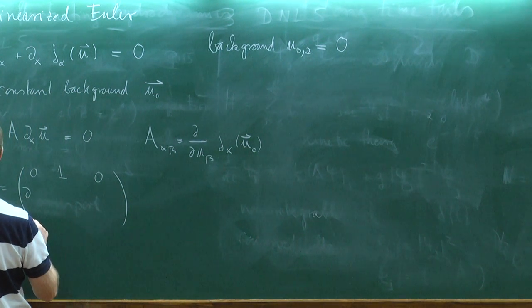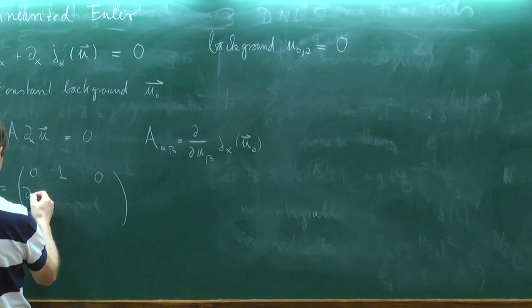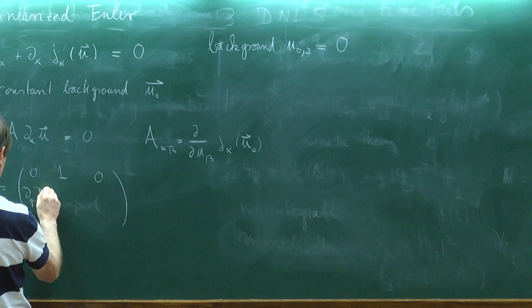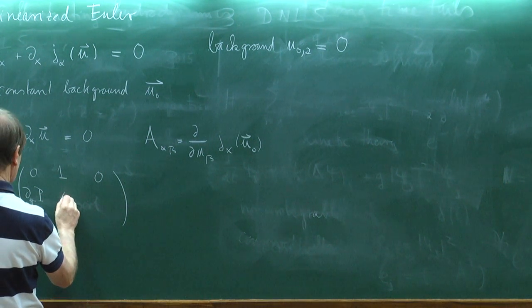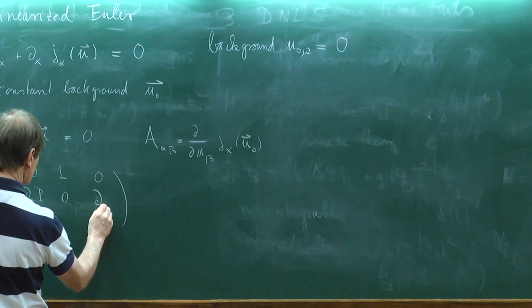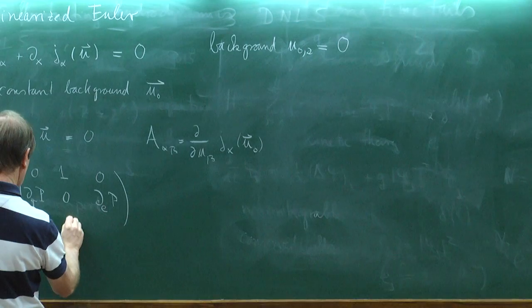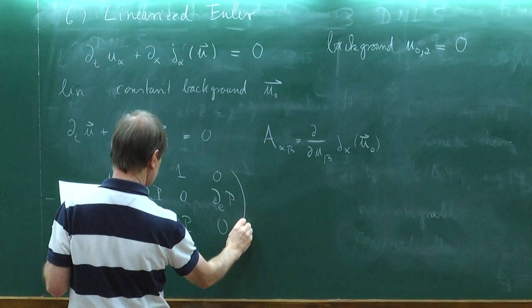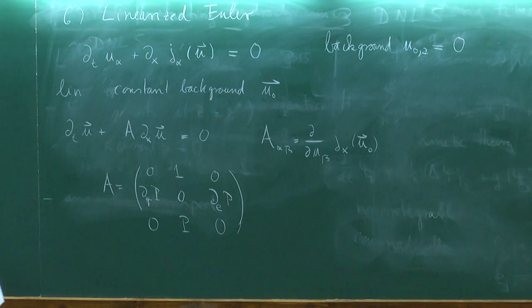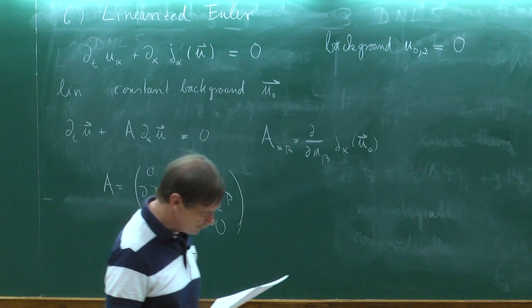Now here I get the partial derivative with respect to I. I get 0. Here I get the partial derivative with respect to E. And then I get 0, P, 0. So this is my linearized hydrodynamic equation.